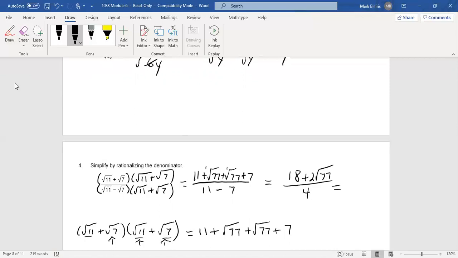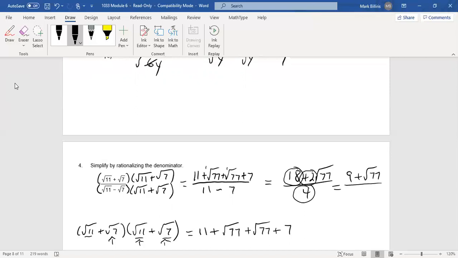We're looking for a common factor, if it exists, that will go into all three: 18, positive 2, and positive 4. So since there's a value that divides into all three of these, we divide it out. Since 2 goes into all three of these, we divide a 2 out. So 18 divided by 2 is 9. 2 divided by 2 is 1, so that gives us 1 square root of 77.